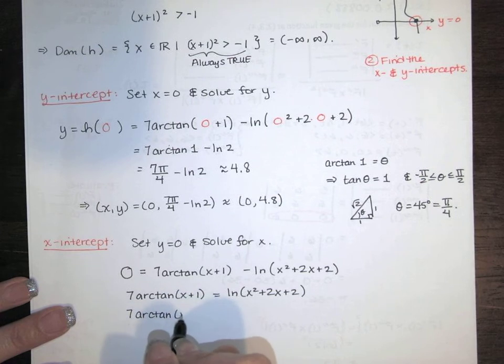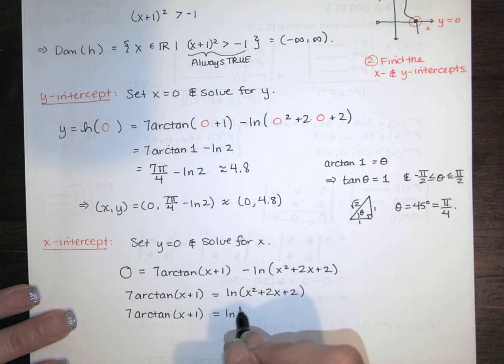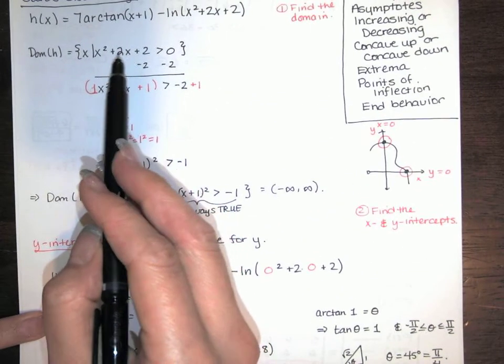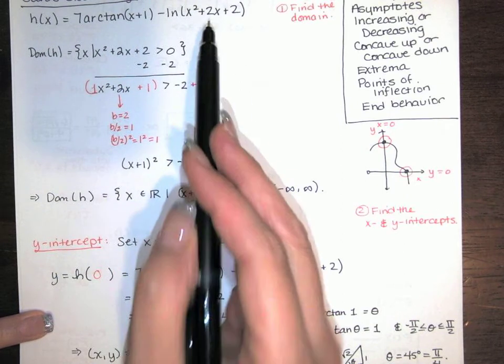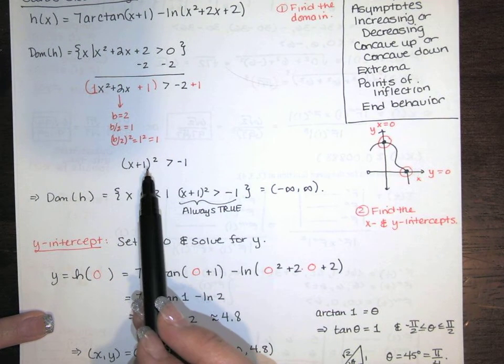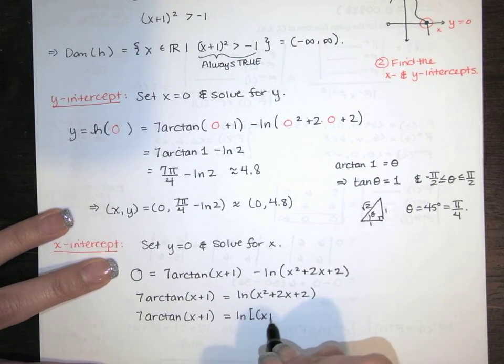7 times arctangent of x plus 1, that's this function. This function, if I complete the square like we did earlier, the expression inside the logarithm can be written as (x plus 1) squared plus 1 if I add that 1 to the other side.